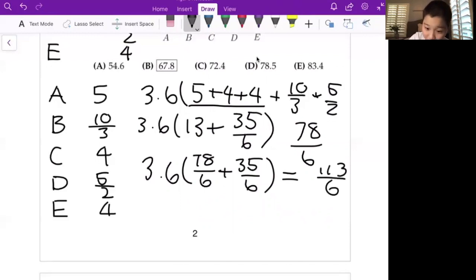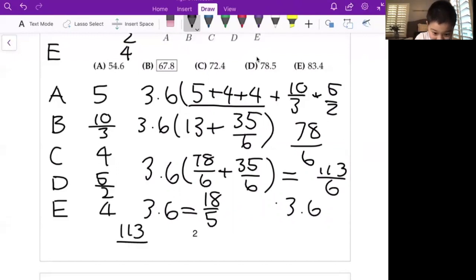And then you have to multiply by 3.6, don't forget. Well, now, this is a bit hard to multiply unless you convert 3.6 into a fraction, 18 over 5. And then we can calculate this 113 over 6 times 18 over 5.